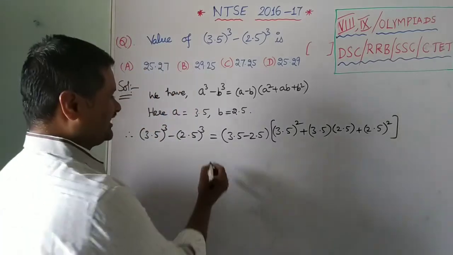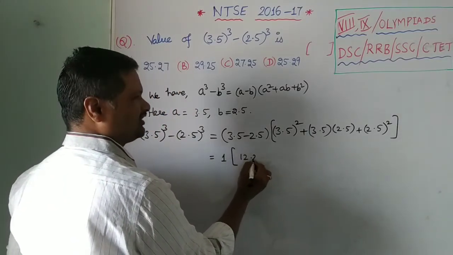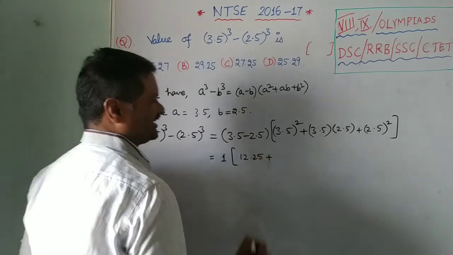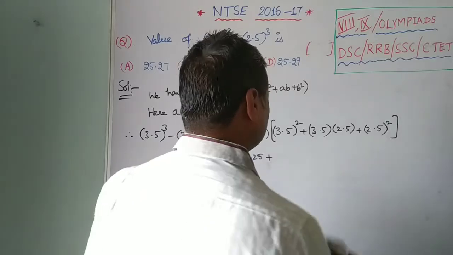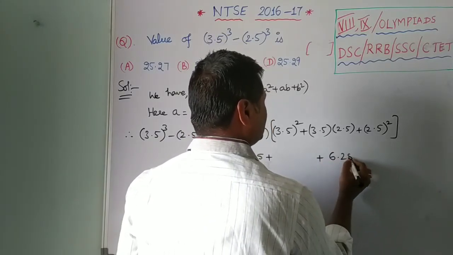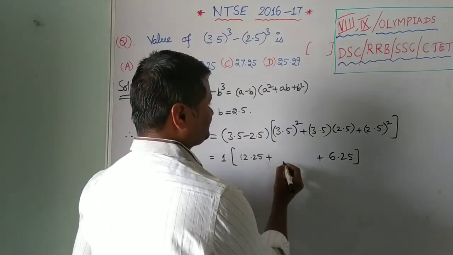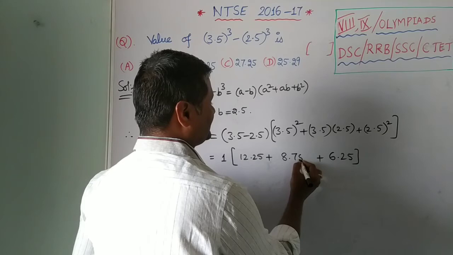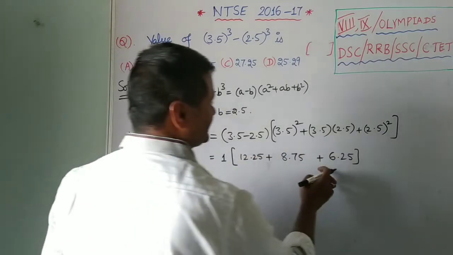So the difference is 1 here, and here it is 12.25 plus 3.5 into 2.5, and this is nothing but 6.25. If you multiply, you are going to get 12.25 plus 8.75 plus 6.25.